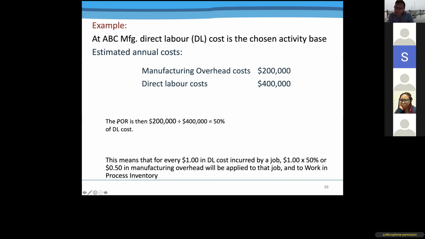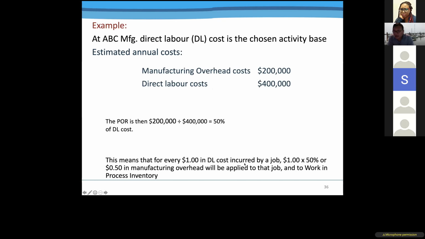So what's my predetermined overhead rate? That will be 200,000 divided by 400,000, which equals 50%. What does that mean? This means for every $1 of direct labor cost, I'm going to incur 50% of $1, that's 50 cents, in manufacturing overhead.